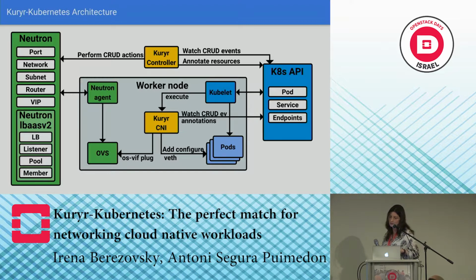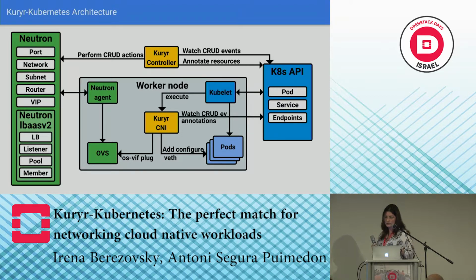And then if we look at the Kuryr CNI part, as we mentioned before, there is no need for the Kuryr CNI to get access to the Neutron server. All the information that it requires in order to do the binding of the pod, it just gets in the annotation of the pod object. So when it gets a notification from the kubelet daemon about a new pod to be created, it will check the annotation required to do the local binding, including the VIF type.